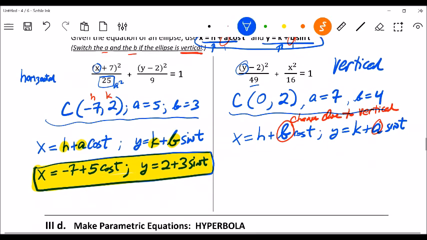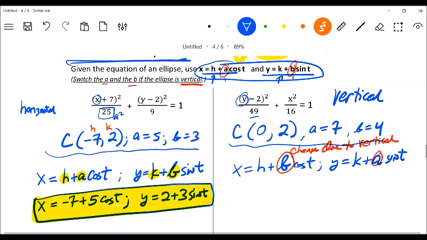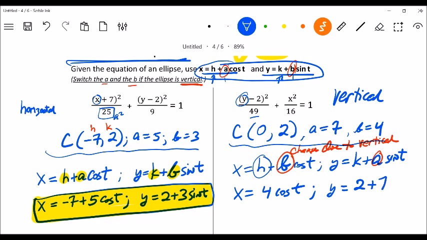And let's go ahead and put in the appropriate numbers because we know the h. Now the h is going to be 0, so I won't even put that. 0 plus something is just that thing. But I'm going to use b, which is 4 cosine t. And y is equal to the k, which is 2, plus 7 sine t.